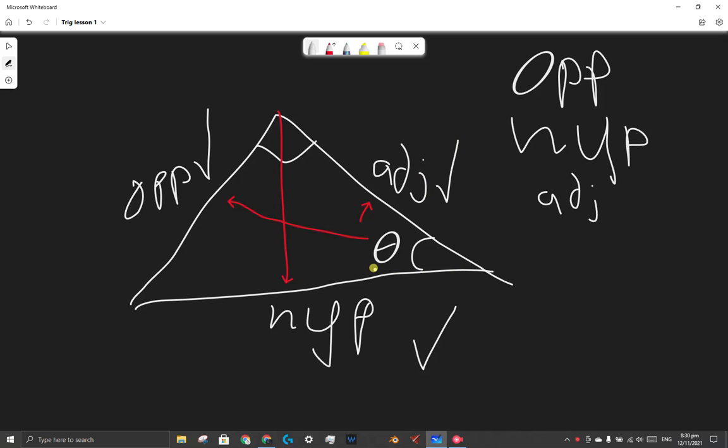And that is just how to label sides of a right angle triangle correctly. I'm going to quickly put up another problem and I'll let you label the sides correctly.